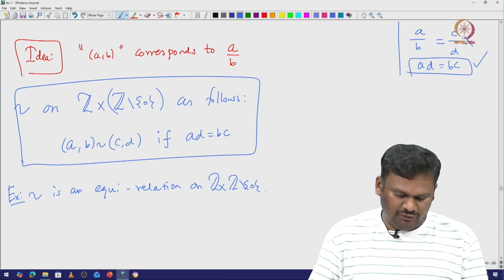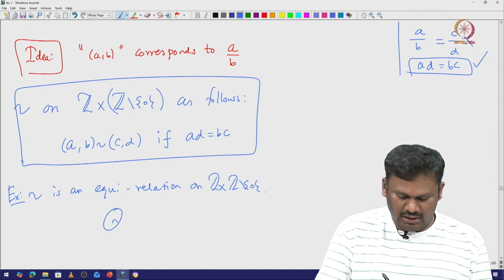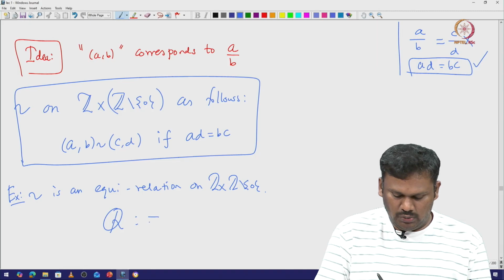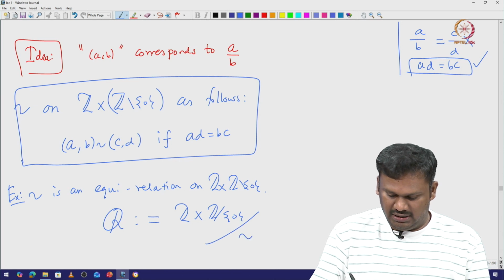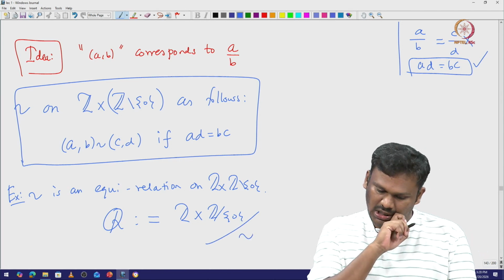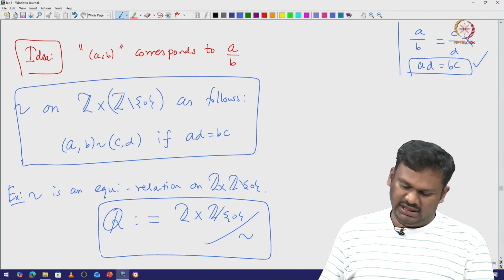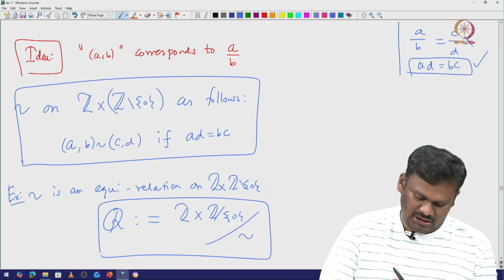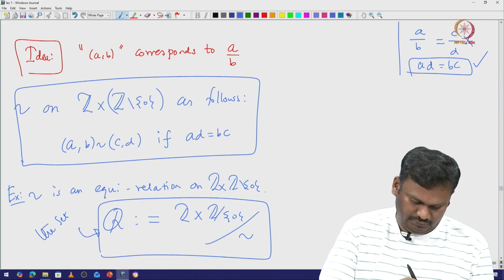Now, as before, what we did for integers, we are going to define the rational numbers to be this set modulo the equivalence relation that we have defined. You take the corresponding quotient set, and we are going to call that the set of rational numbers.